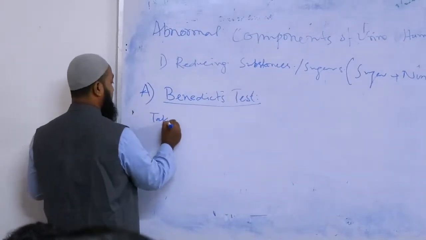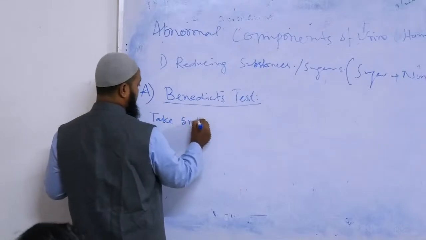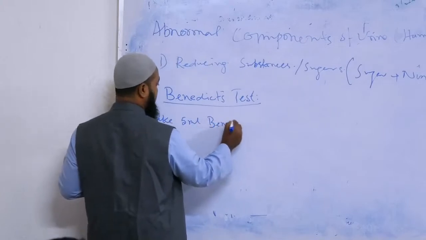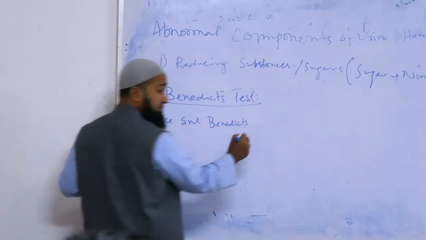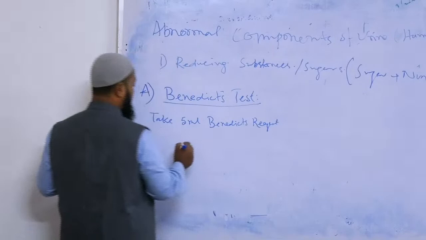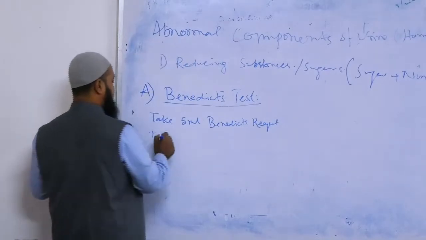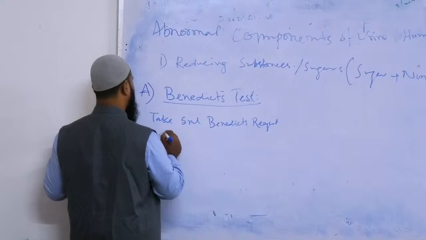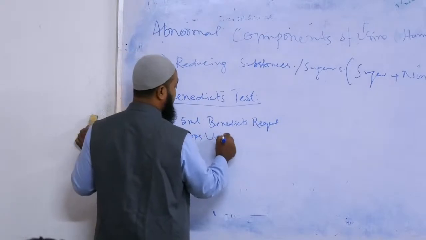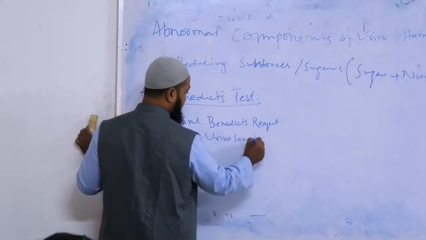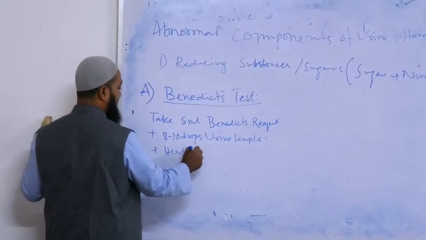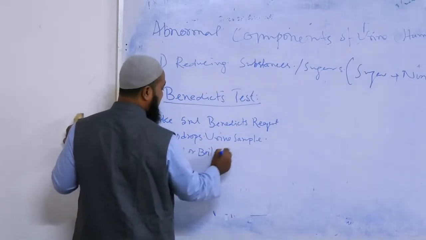Take 5 ml Benedict reagent plus 8 to 10 drops of urine sample, and heat or boil for 2 minutes.